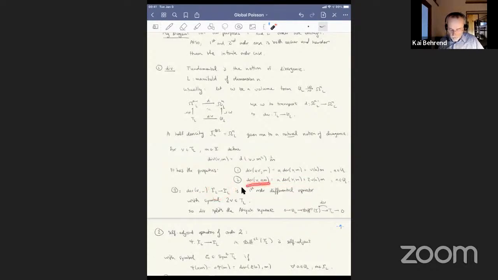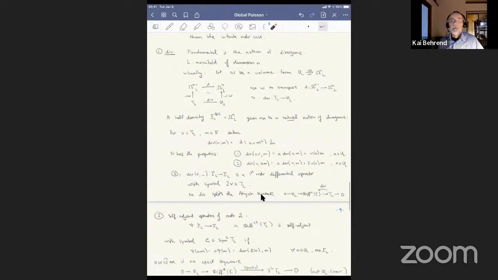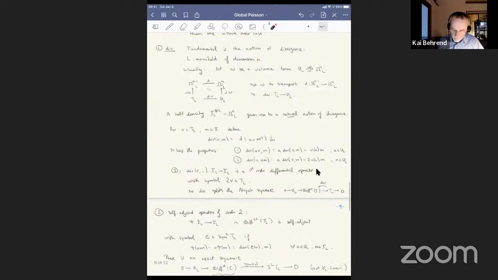And because of how this commutes with multiplication by a, I can see that I have a first order differential operator with the symbol being 2 times V. So it splits this exact sequence, the differential operators of order less than or equal to 1 of epsilon. It is a splitting of that, but of course it's not a linear splitting, so it doesn't define a connection on epsilon.